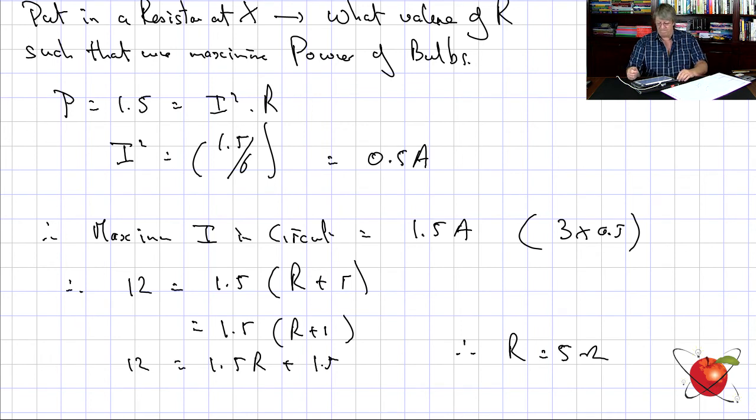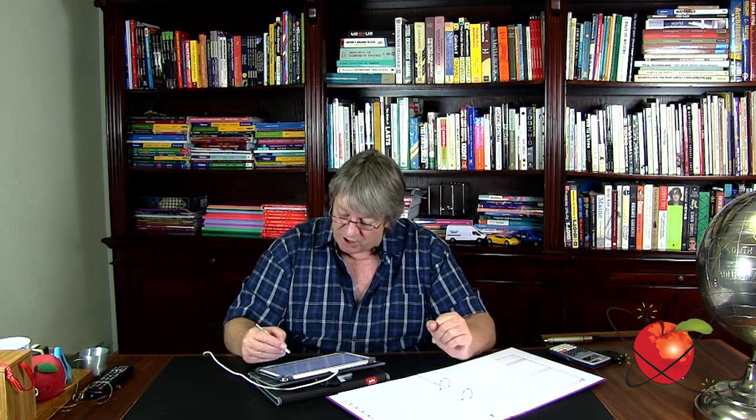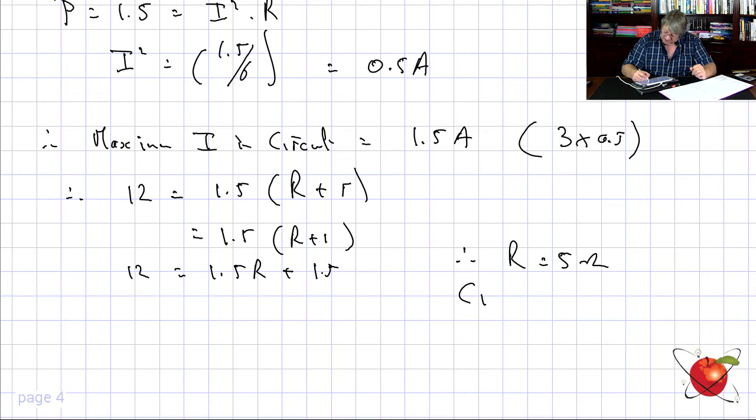Cool. Now, if R is equal to 5 ohms, then we've got to answer the question. R is 5, that's the external resistance. This is the circuit resistance equals 5, isn't it?